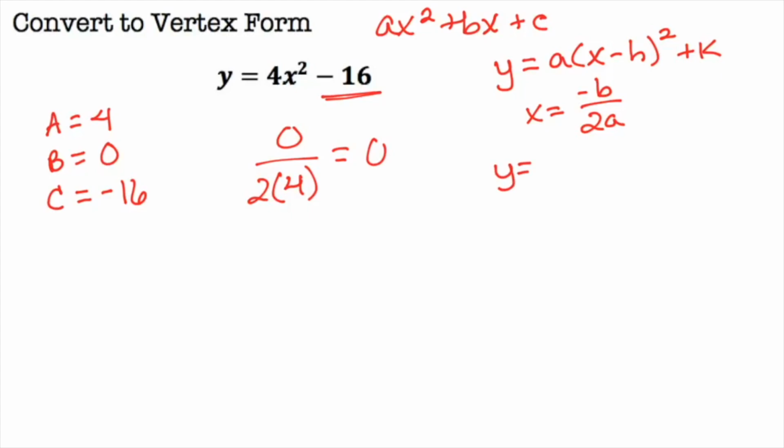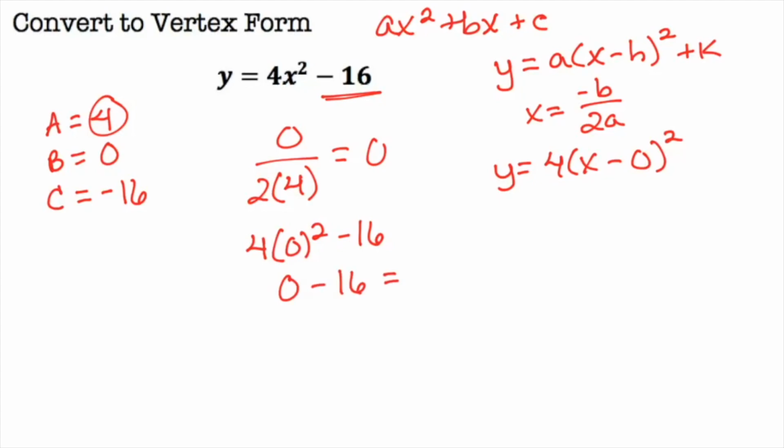So we have y equals, a is 4, x minus 0 squared, and if we plug 0 back into our formula to get y, we have 4 times 0 squared minus 16. Well, that would just be 0 minus 16, which is just -16. So that would be -16 here.